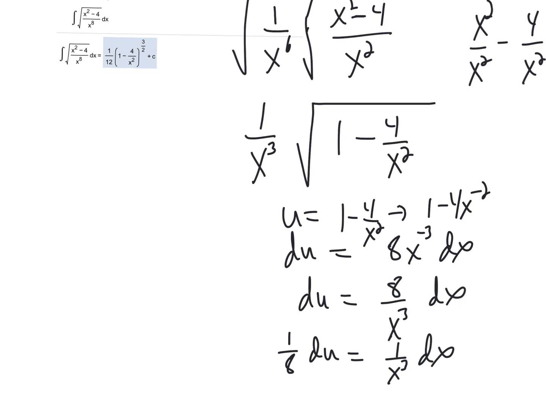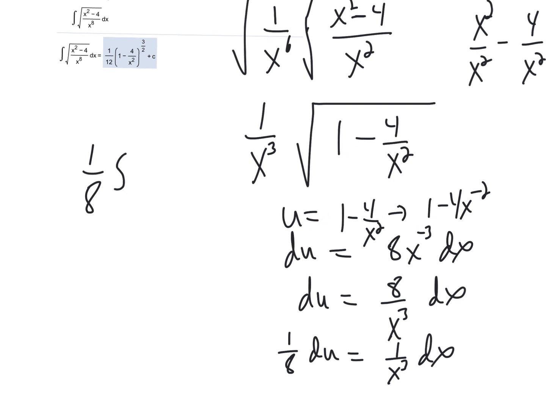So what that's going to give us is 1/8 times the integral of, now, we're going to replace this part with this part in the dx, right? With a 1 over x cubed dx, and then we brought the 1/8 out in front here. So that's gone, and then we just have the 1 minus 4 over x squared.